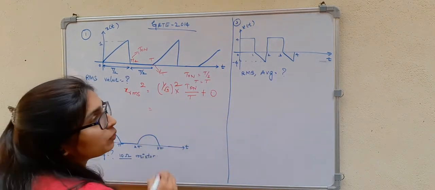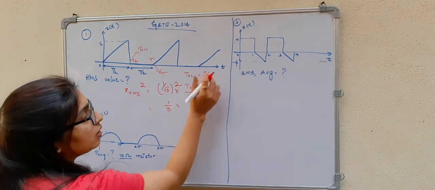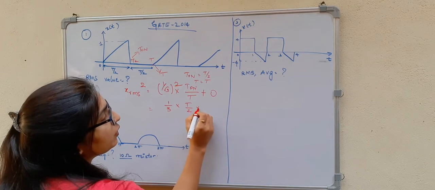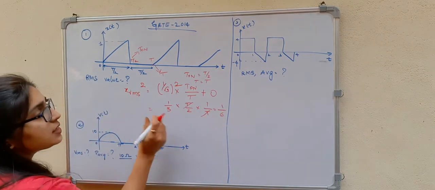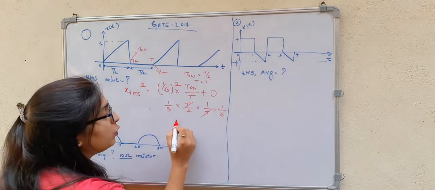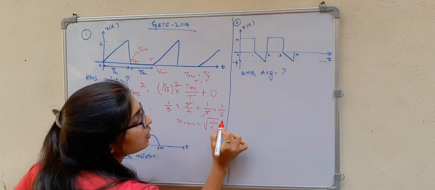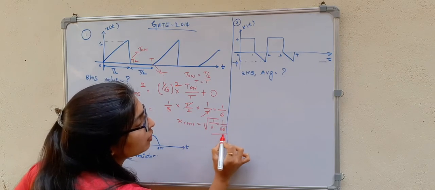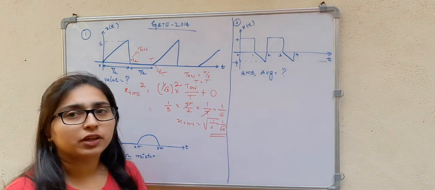So 1 by root 3 whole squared is 1 by 3, and T on by T is T by 2 into 1 by T, which is 1 by 2. So it is equal to 1 by 6. This is X RMS squared. To find X RMS, we take the square root, that is 1 by square root of 6. So this is the RMS value of this particular waveform.